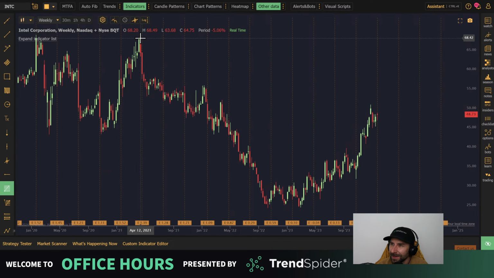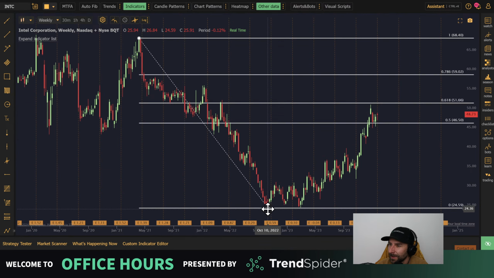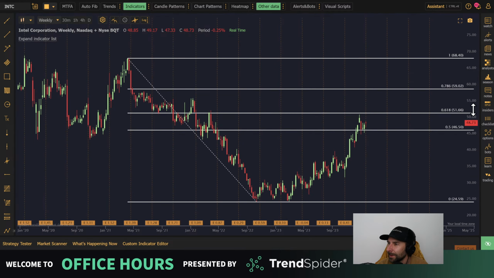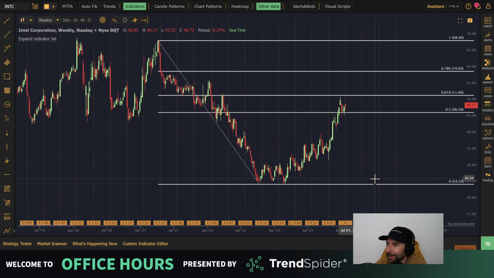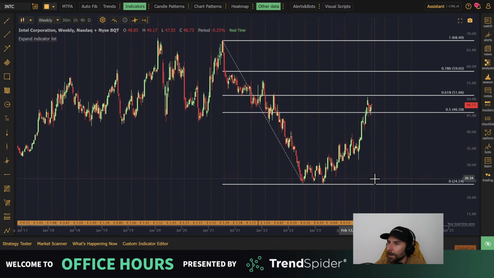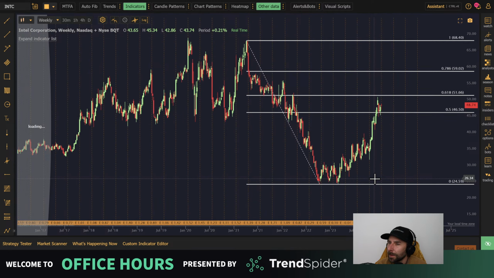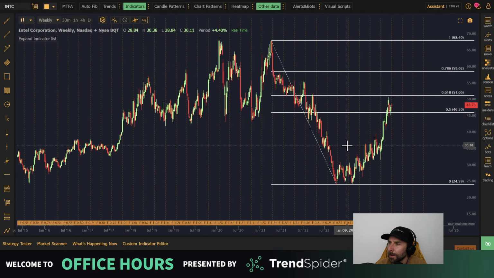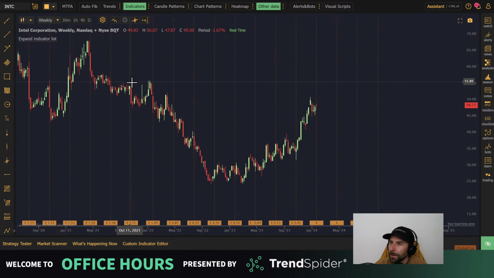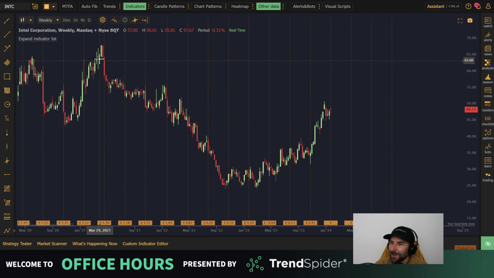So then same ideas on Netflix. Fibs from the high to the low. There's your 618 retrace. There's this fair value gap right here.